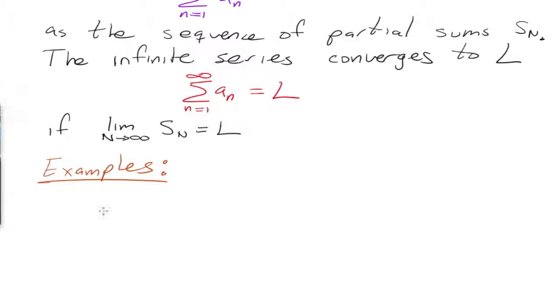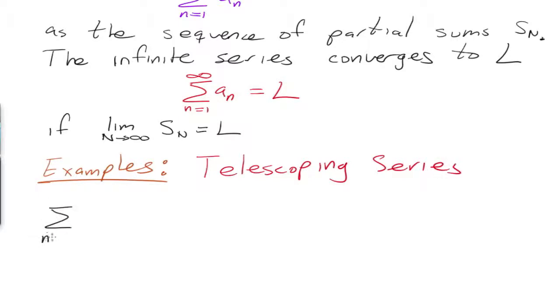One of the few that we are able to find the sum of are called the telescoping series. Here's an example of what a telescoping series looks like. It's the sum from n equals 1 to infinity of 1 over n minus 1 over n plus 1.